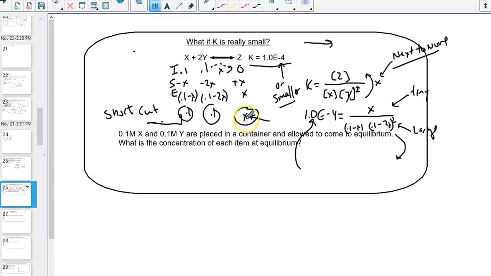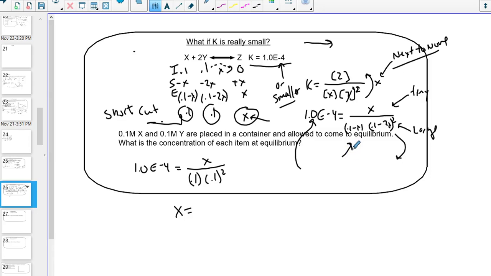So this is going to give us 1.0 e to the negative fourth equals x times 0.1 times 0.1 squared, and then you could solve it out algebraically this way.